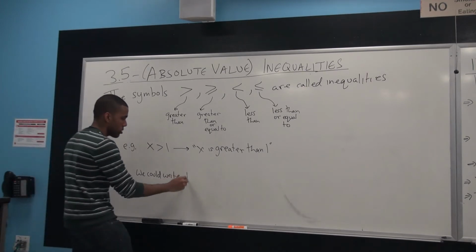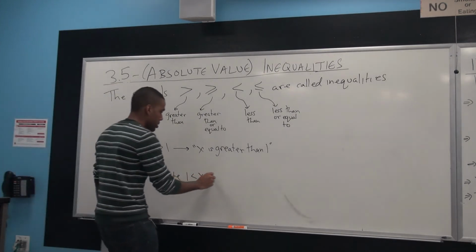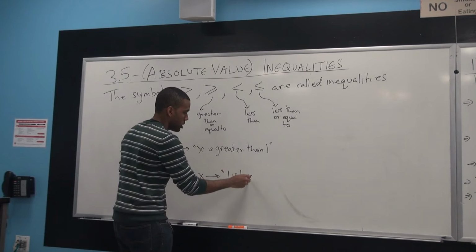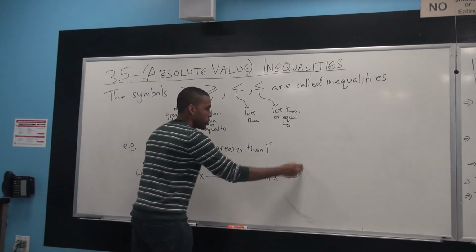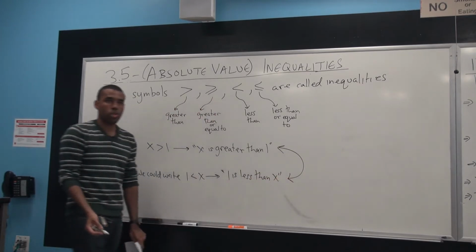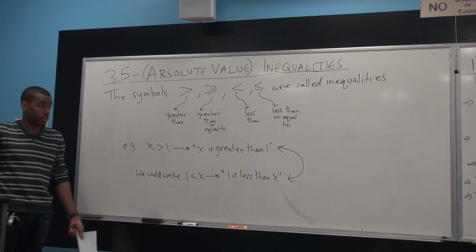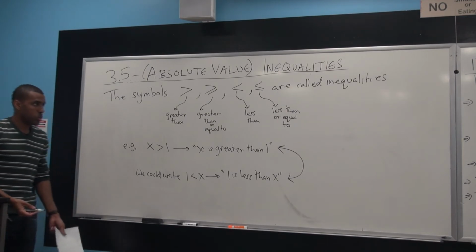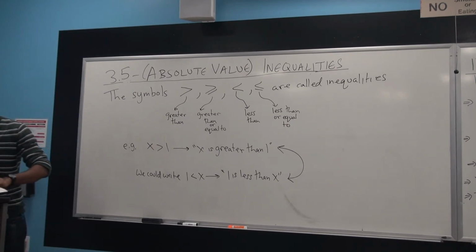So if I took the mirror image, it actually means the same thing. This means 1 is less than x, which is equivalent to saying x is bigger than 1, right? So they both mean the same thing. So inequalities you can flip around.